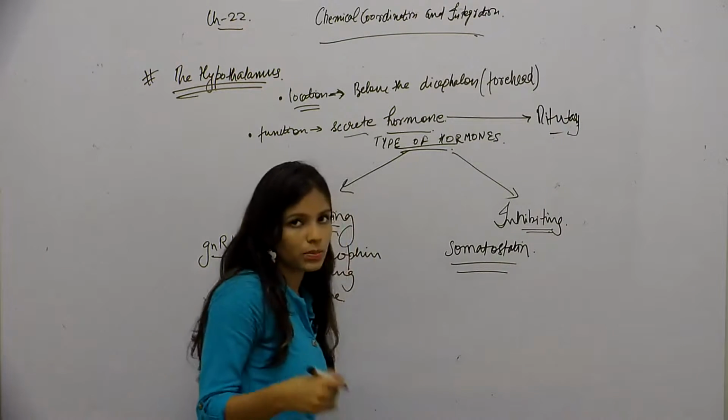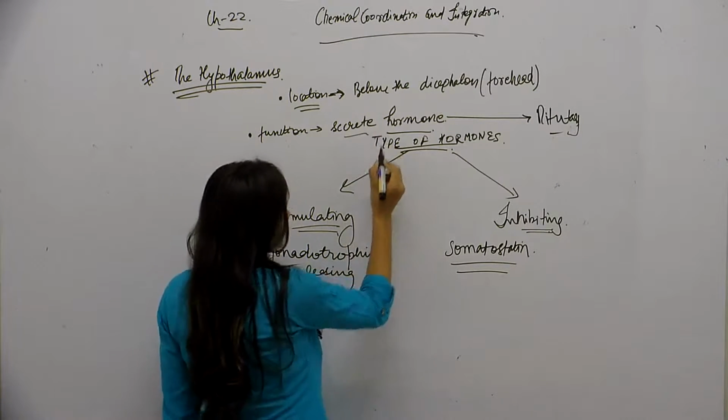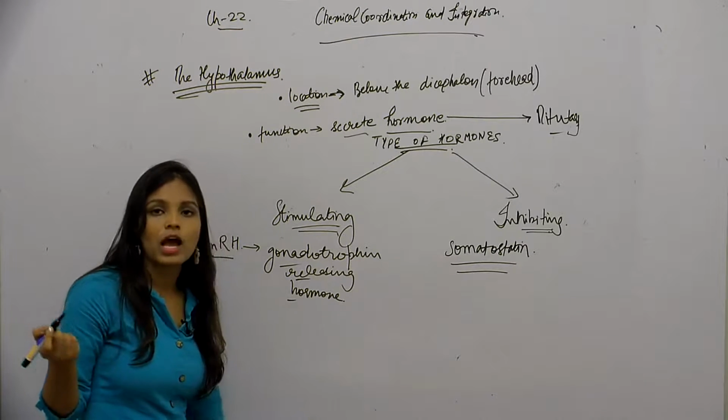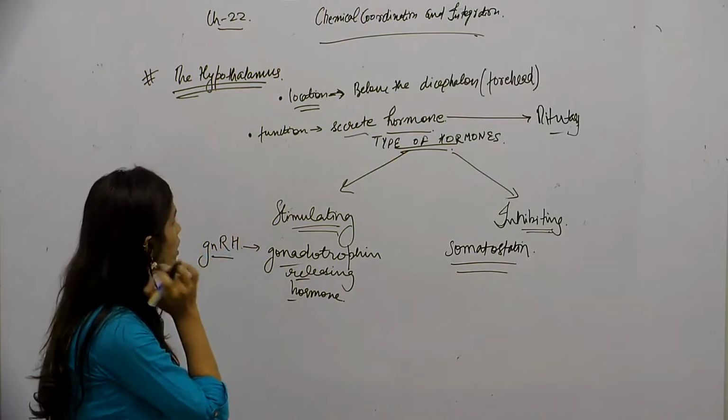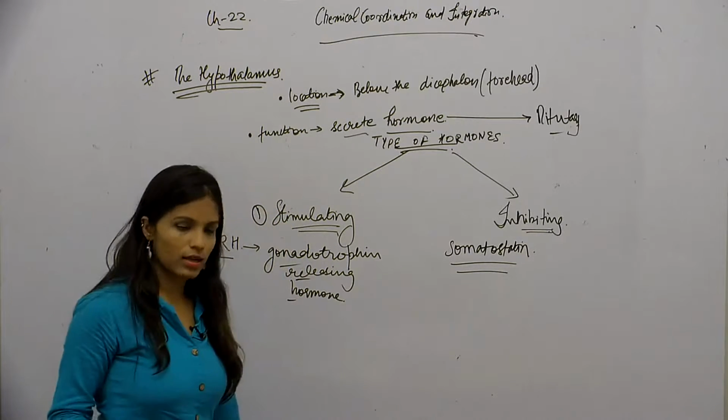That is for the next part, where I'll teach you what happens in the pituitary. What you have to remember about the hypothalamus is the types of hormones secreted by it. As I told you, there are two types: the stimulating one and the inhibiting one.